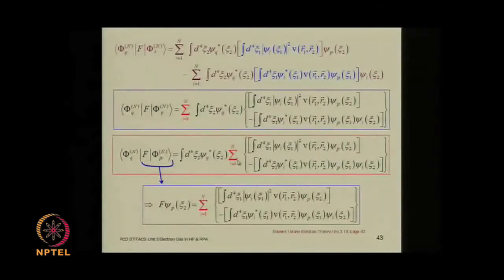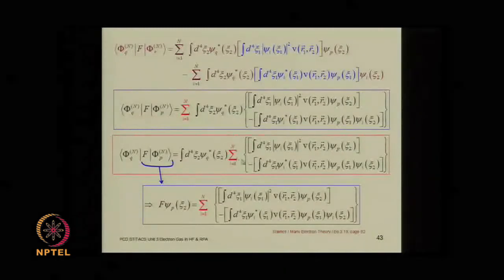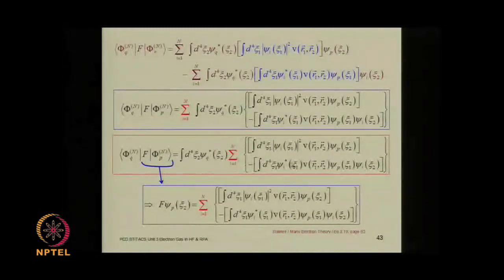And now what does it tell us? This is an integral over xi2 of psi q star xi2, and then you have got this term, which is just the integration notation of the Dirac matrix element phi q f phi p, that is it.